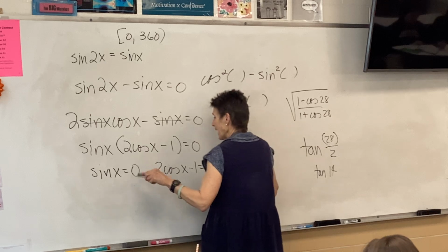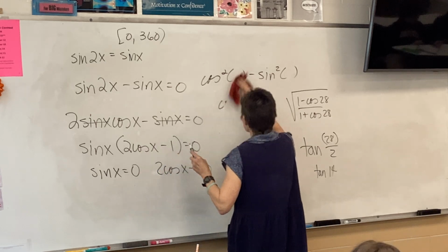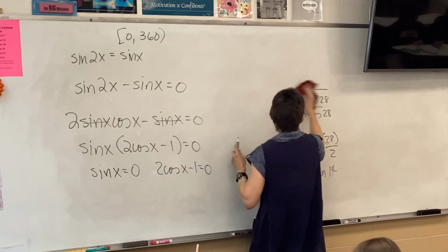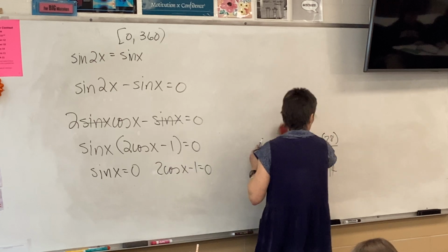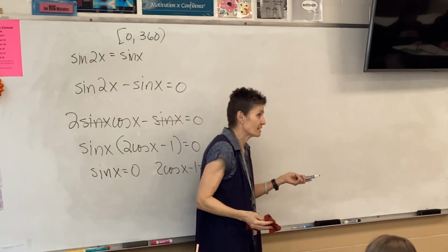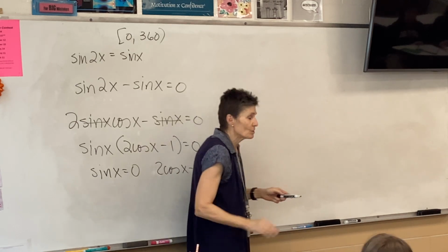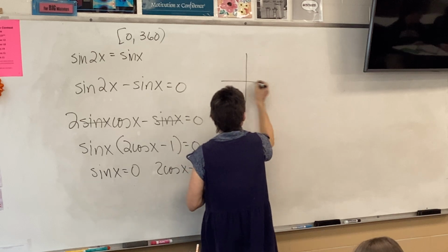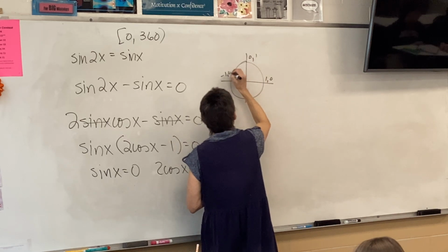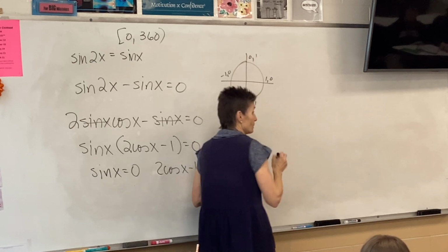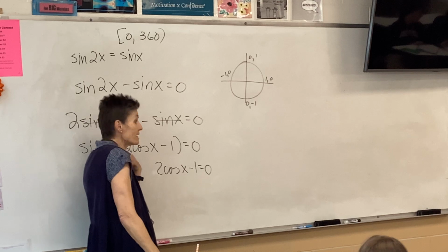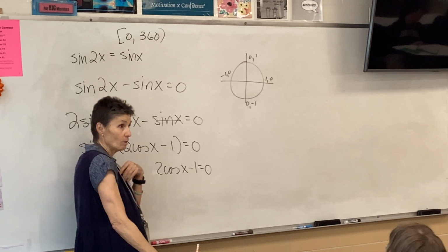Now, when I get zeros, what does that mean? I look on my unit circle. Remember, it's impossible for the opposite side to be 0, so you're going to have to look on your circle. Where is y 0? Where is sine 0?